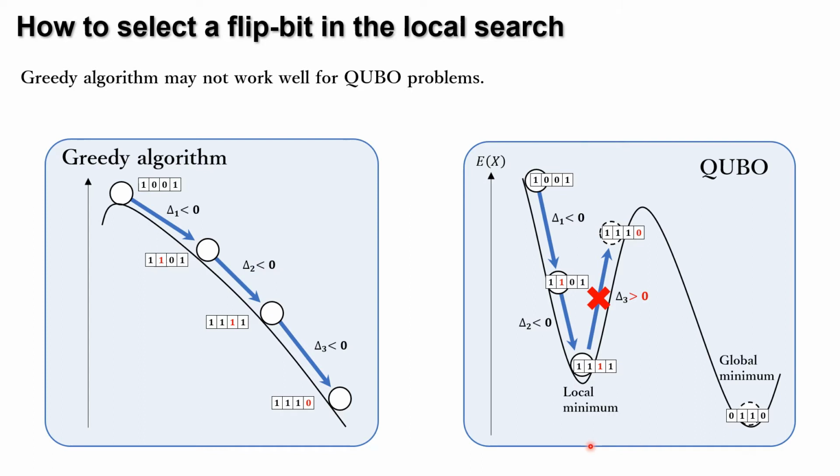If we continue to accept the transition only that decreases the value of the energy, the solution will eventually get stuck at a local minimum, as shown in the right figure, and the local search will be stopped. So, in this study, we propose two local search algorithms to obtain better solutions.